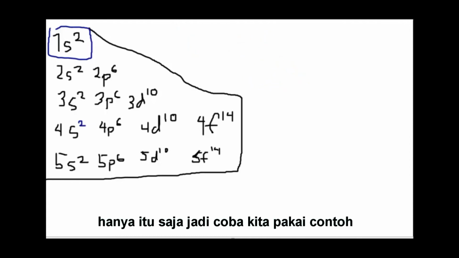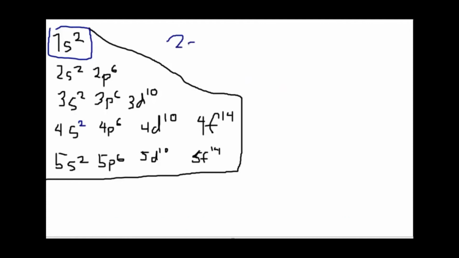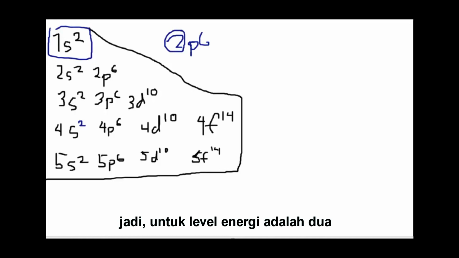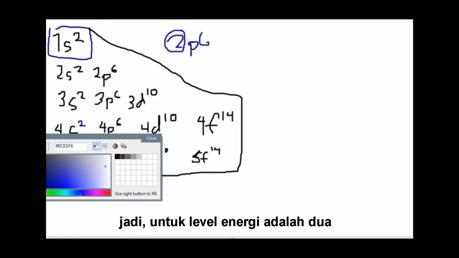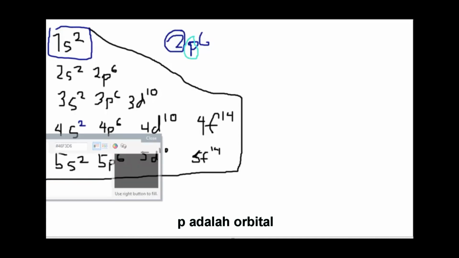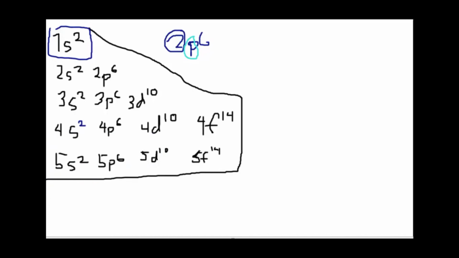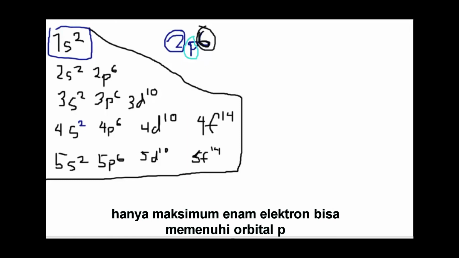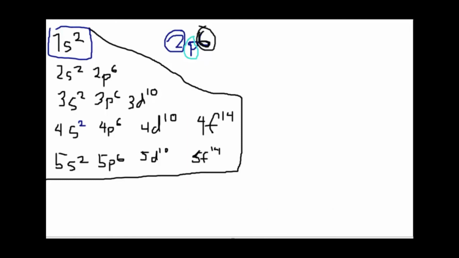So let's take another example, 2p6. The energy level is 2, the orbital is P, and last is the number of electrons, which is 6, that can be put into orbital P.